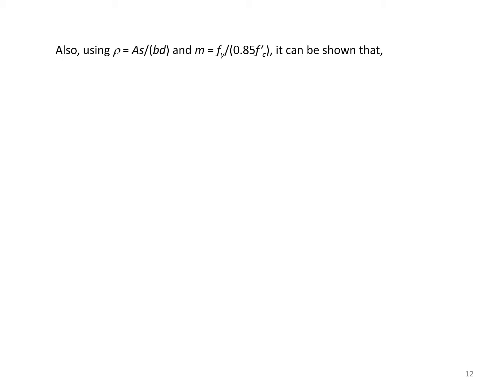Also, using rho equal to As divided by bd and introducing parameter m as Fy divided by 0.85 f'c, it can be shown that Mn is equal to rho bd squared times 1 minus rho m divided by 2, which is taken as R times bd squared, where R would be equal to rho times 1 minus rho m over 2.